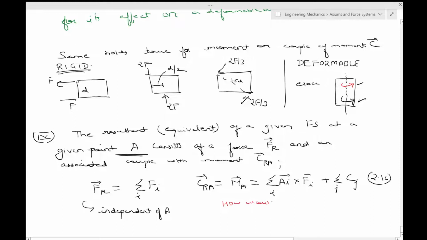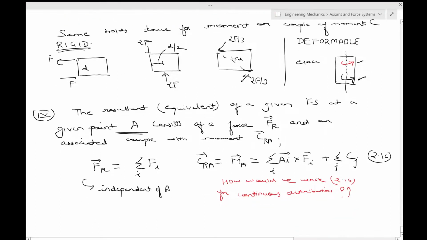How would we write 2.16 for continuous distributions, not discrete ones like over here?